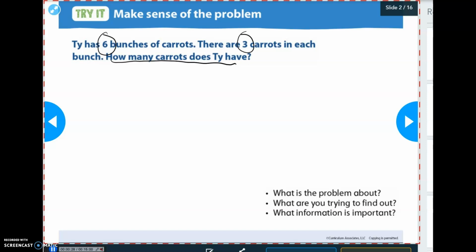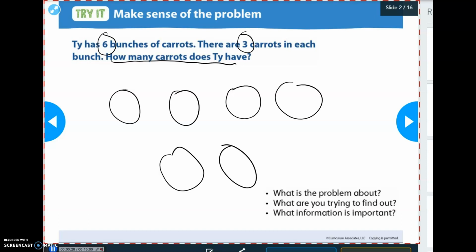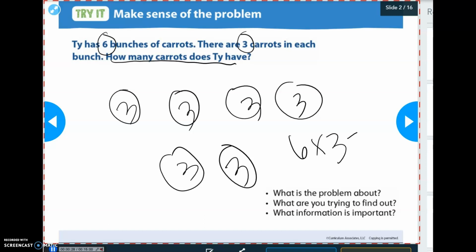So you might have done this a bunch of ways, but the way I like to do it is just draw circles for my bunches of carrots. So there's 6 circles, and then there's 3 carrots in each bunch. So if I was to write a multiplication sentence, I would say there was 6 groups of 3, right? You can do that by adding them together.